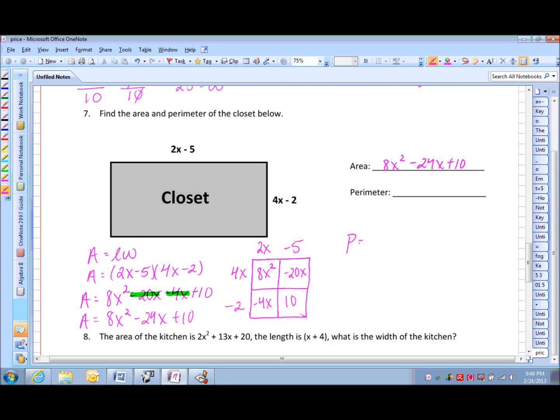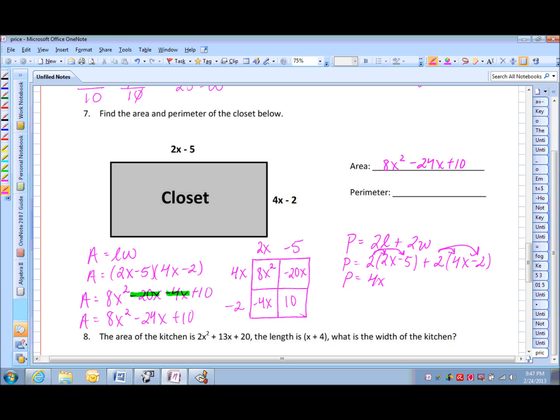Now, perimeter of a rectangle is 2 times the length plus 2 times the width. So I'm going to plug in for my length, 2x minus 5, plus 2 times my width, which is 4x minus 2. Now I'm going to distribute the 2 to the parentheses in both cases.